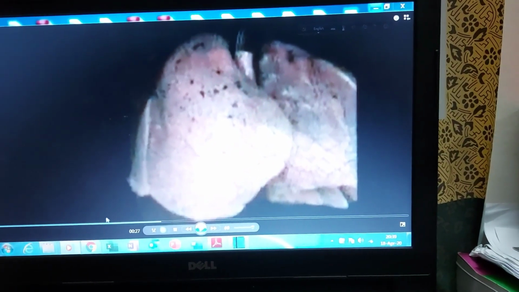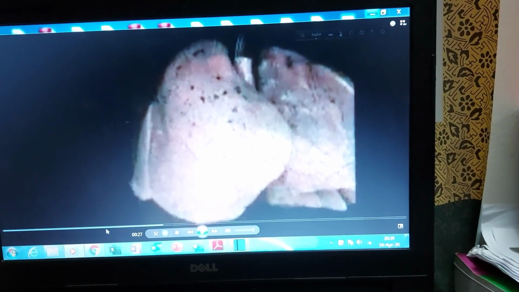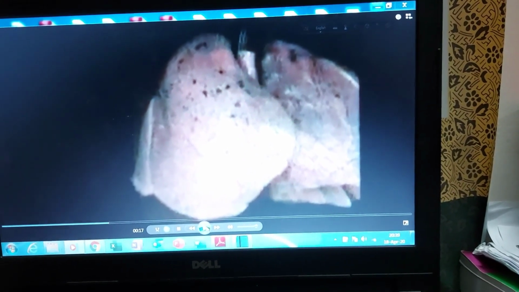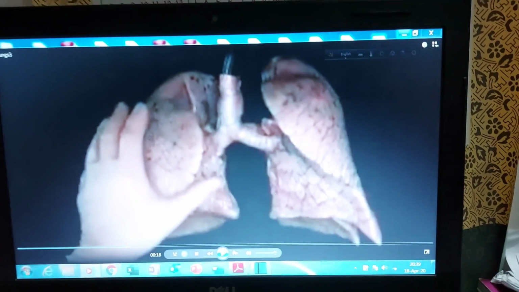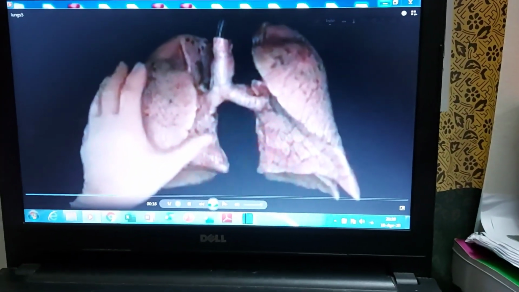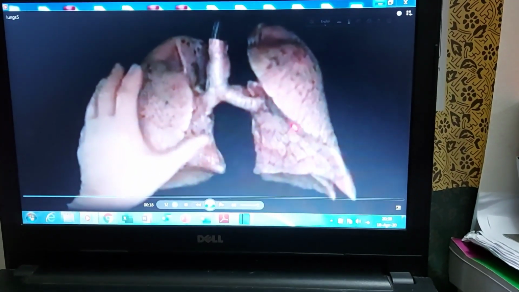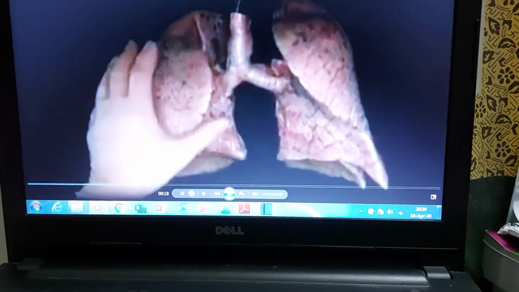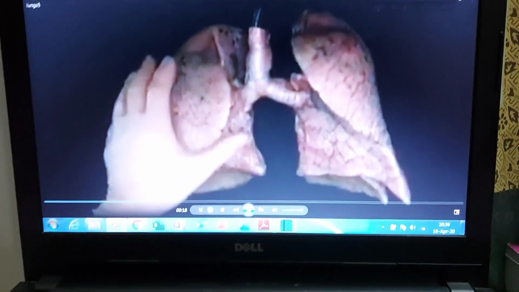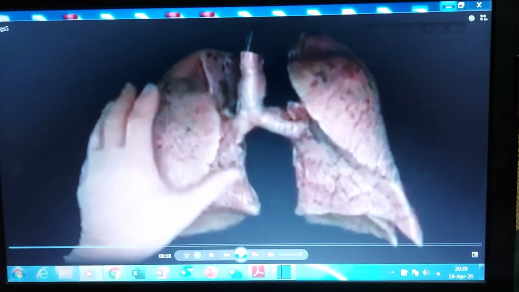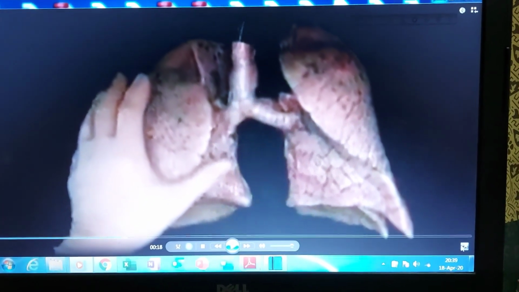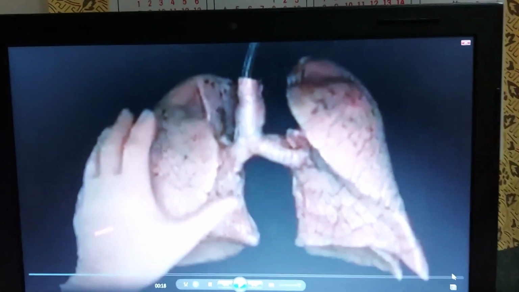First of all, you have to define one thing: in anatomy, when we learn a viscus, we explain it from the front, so we have to determine the side.